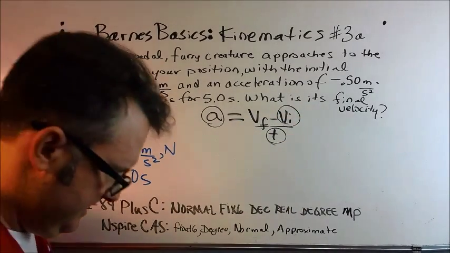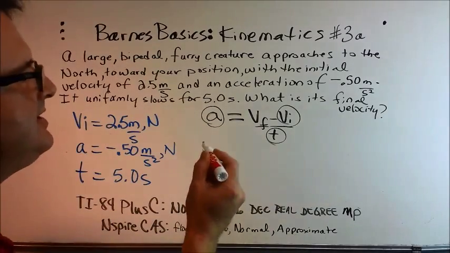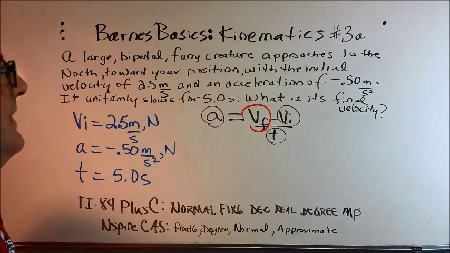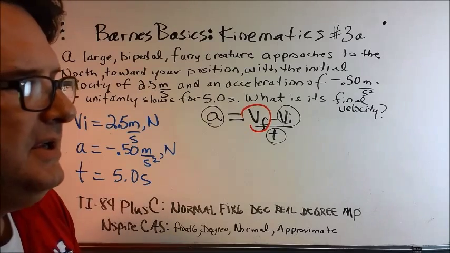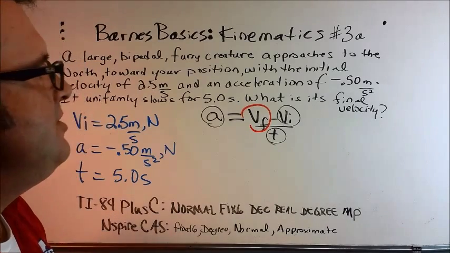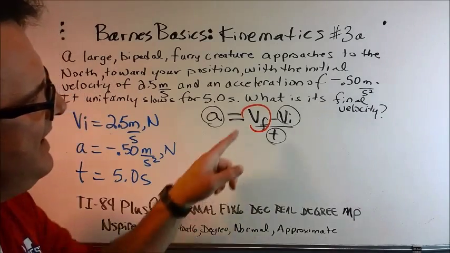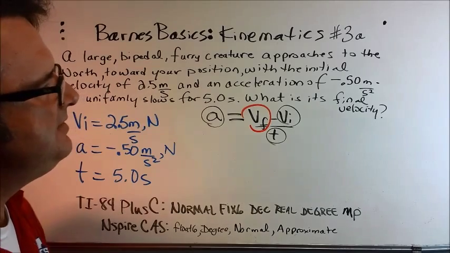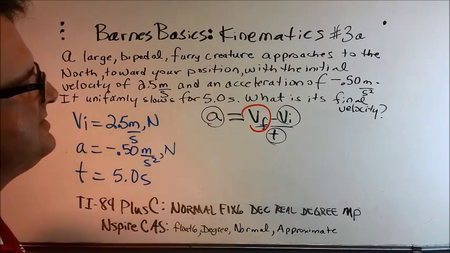It looks like I'm trying to solve for this one right here, trying to solve for VF. So what do I do? Well, the main thing is just to do the same thing to both sides of the equation, no matter what happens. So if I want to isolate VF, what I might choose to do is maybe get rid of this T on the bottom first.